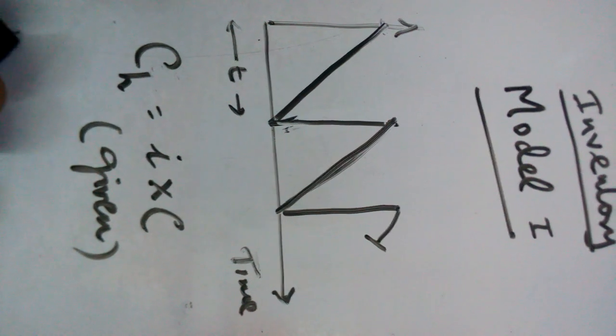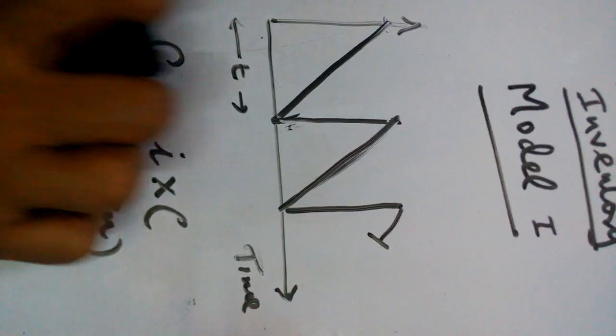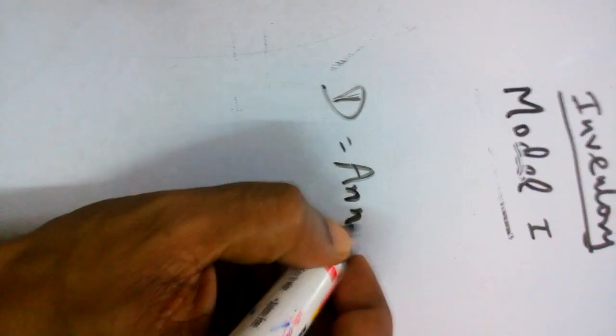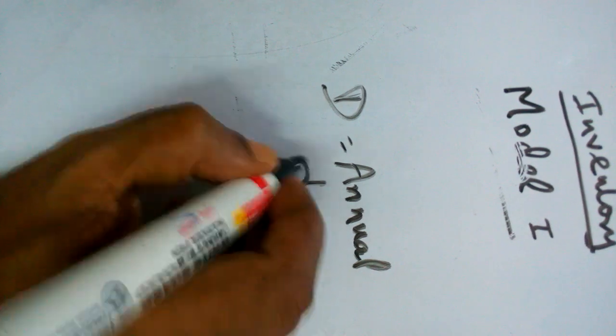Now next point is D. D is annual demand, capital D. Demand of the item is D. How much item is demanded is denoted by D. But if it is monthly demand, then it will be multiplied by 12.